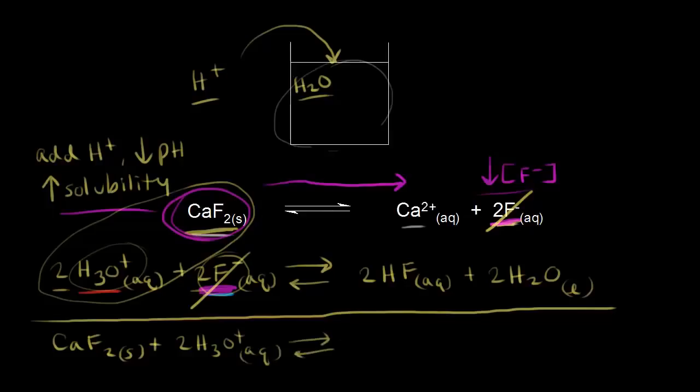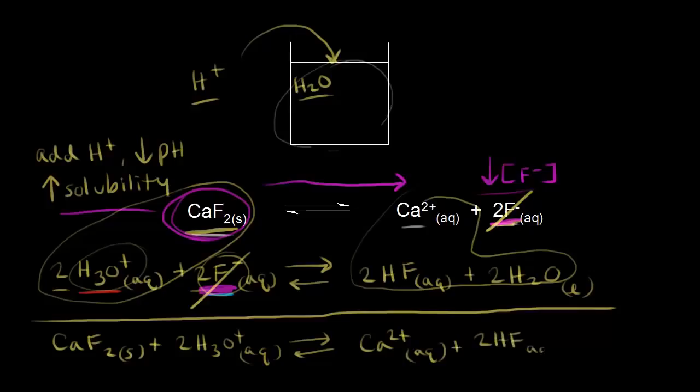And we would get for our products, we would get these guys over here. We would get Ca2+, so calcium ions. We would make 2HF in solution, and also water. So this is another way to think about what's happening. If you add acid to calcium fluoride, you're going to get this for your products.